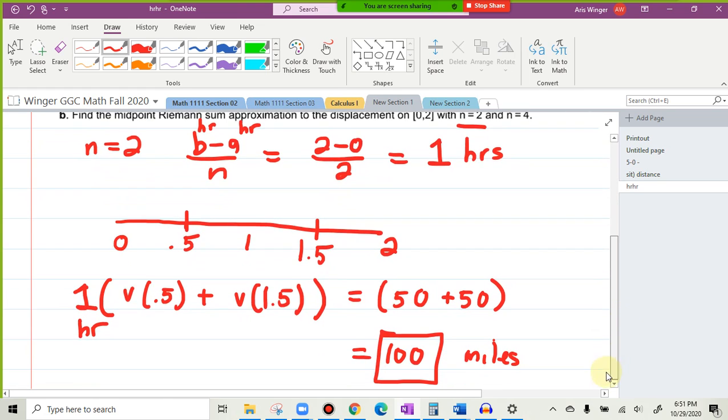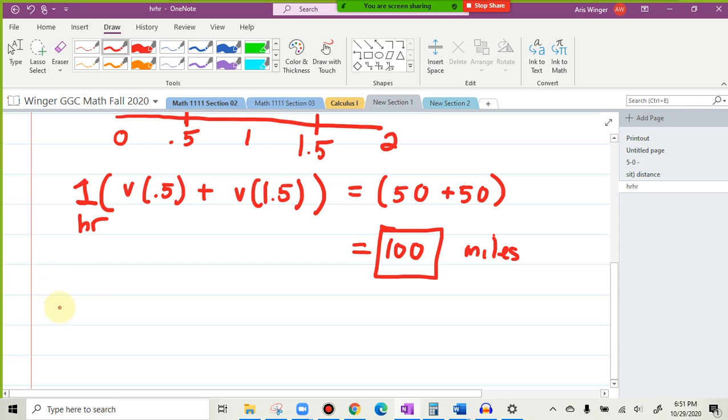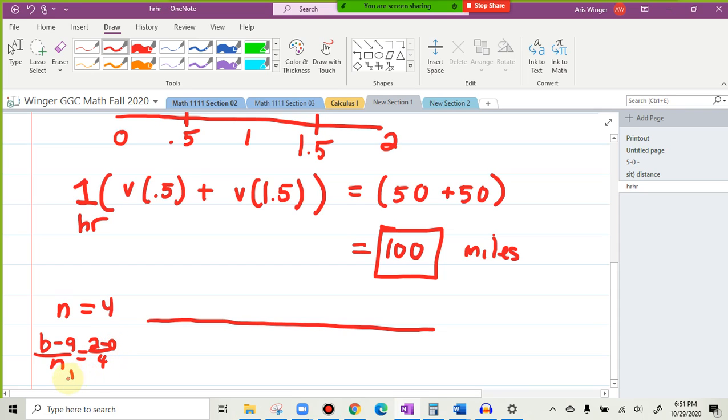If we do it with n equal to 4, then we're talking about b minus a over n, 2 minus 0 over 4, which is 1/2. And so we need to go from 0 to 0.5 to 1 to 1.5 and then to 2.